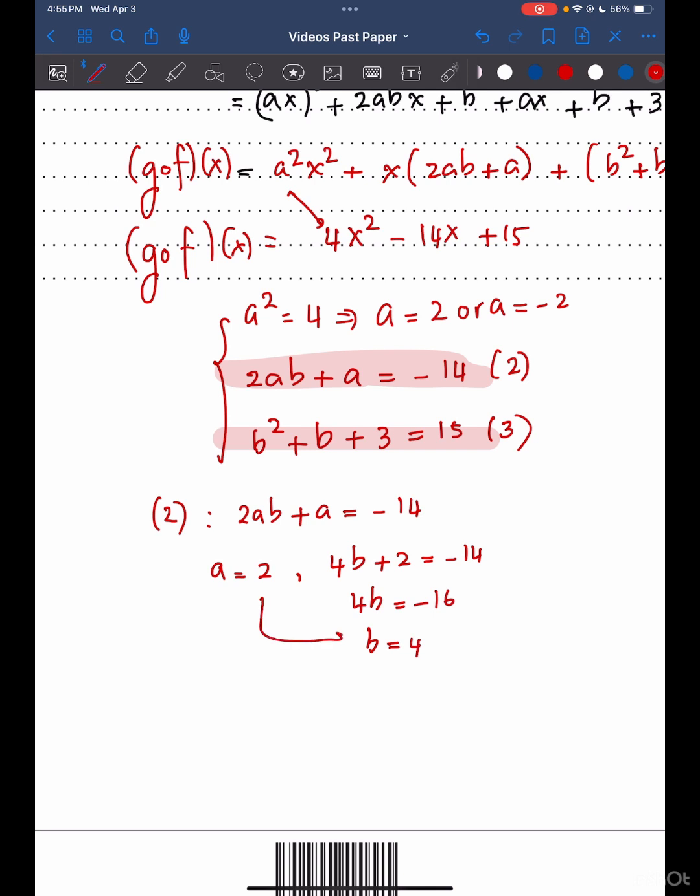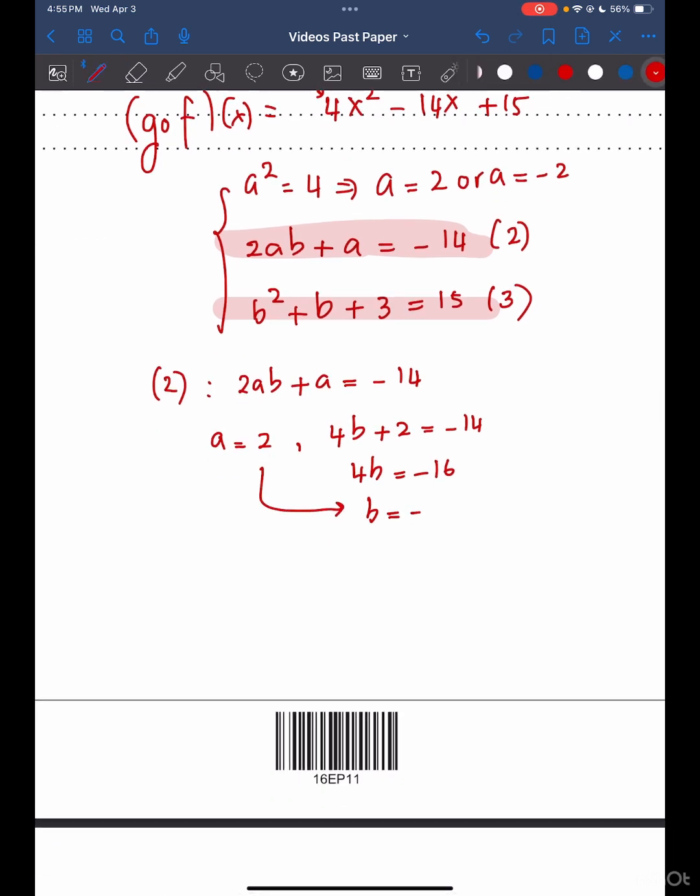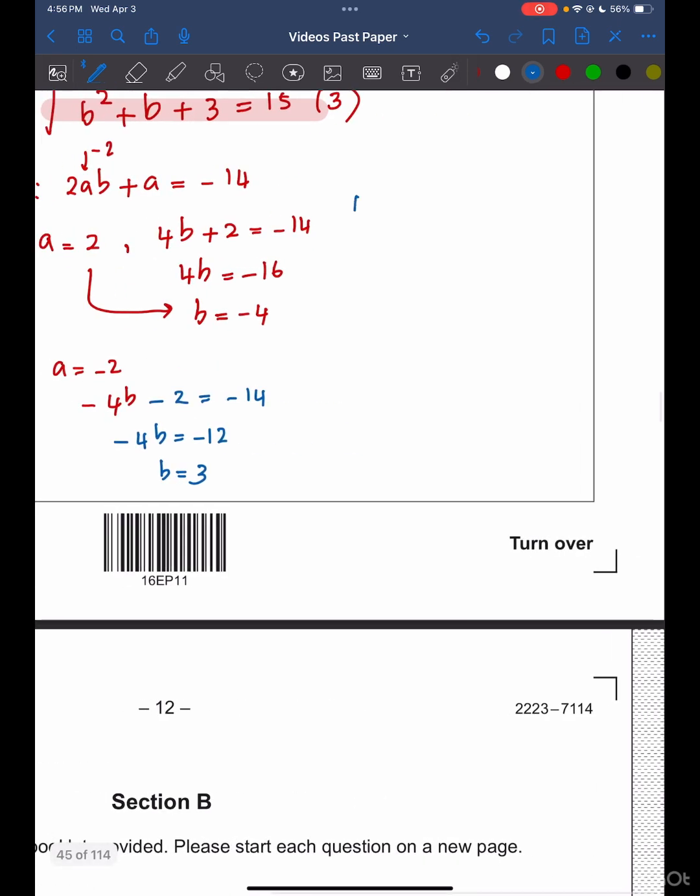But if a equals negative 2, we get negative 4b, because I plug in negative 2, then minus 2 equals negative 14, so negative 4b equals negative 12 and b equals 3. So f of x equals 2x minus 4, or f of x equals negative 2x plus 3.